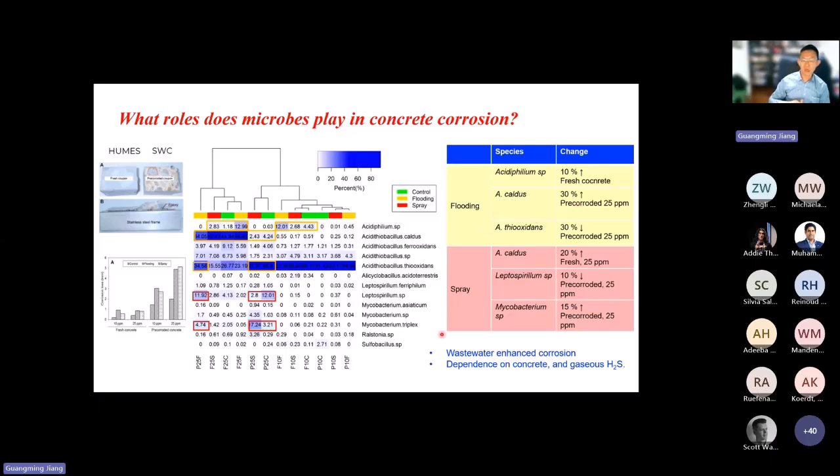So this shows the interactions of the wastewater with the microbes, and then the relationship of the microbes with the final corrosion rate, which is shown here. That basically establishes the link between those different elements.